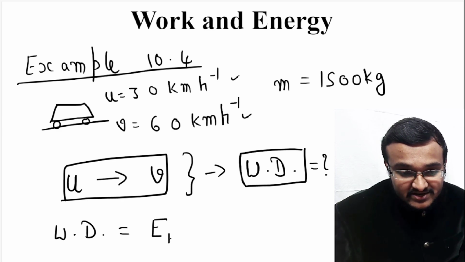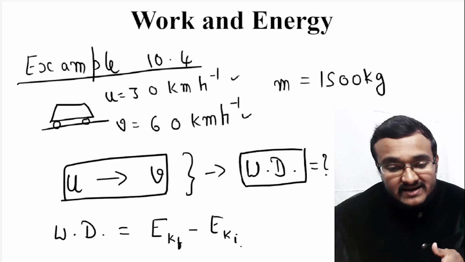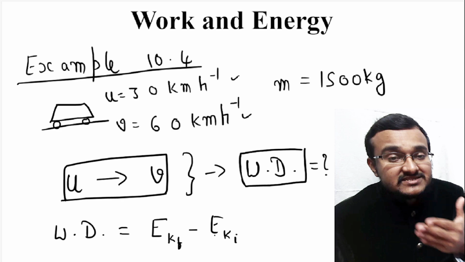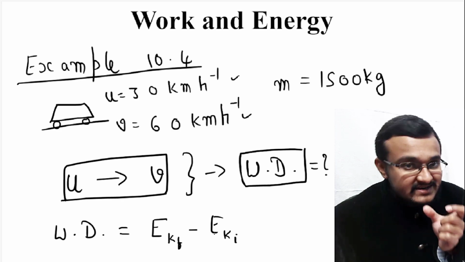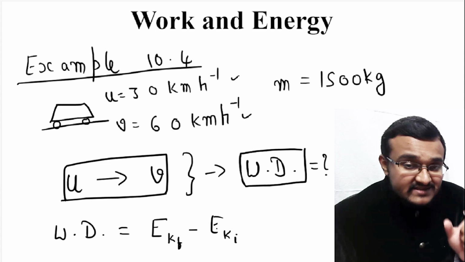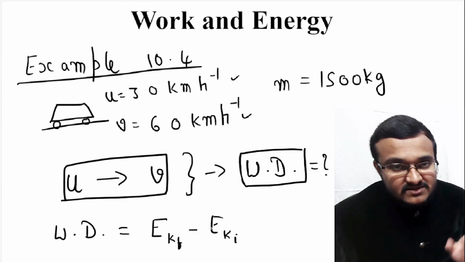So I'll write this as EKF minus EKI. EK means kinetic energy, F is final and I is initial. Final kinetic energy minus initial kinetic energy will give you the difference in kinetic energy when it reached from speed u to v. That is the work done. That's why work done is equal to the difference in kinetic energy.